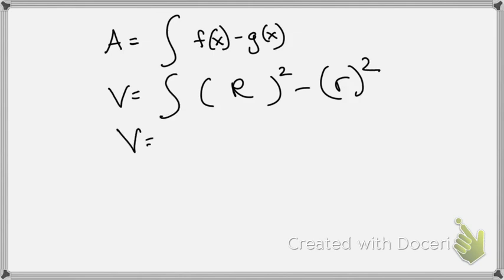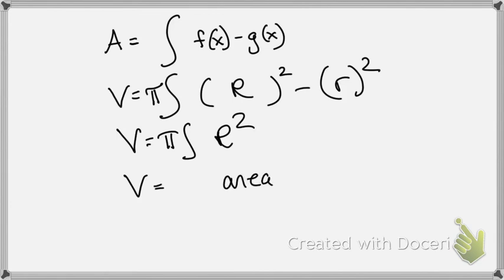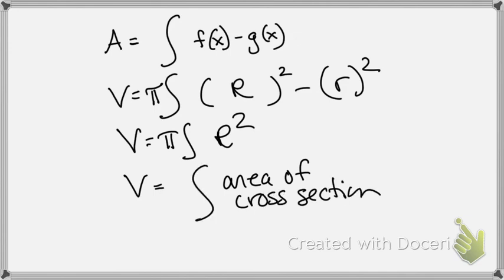Volume, if there is no space between the shaded region and the axis of rotation, oh, I forgot the pi, duh, is pi times big R squared. And last, volume given cross sections. It's the area of one slice or cross section, and then integrate to get volume.